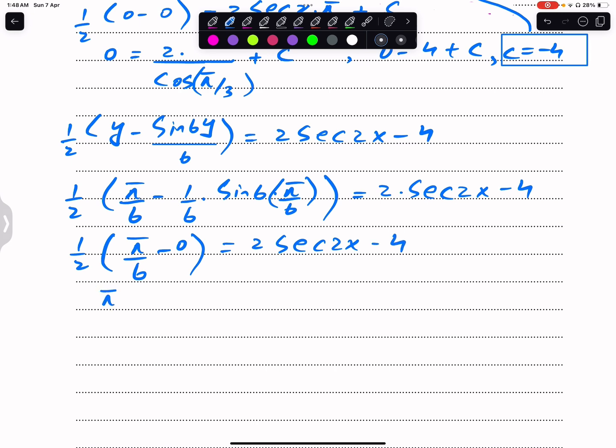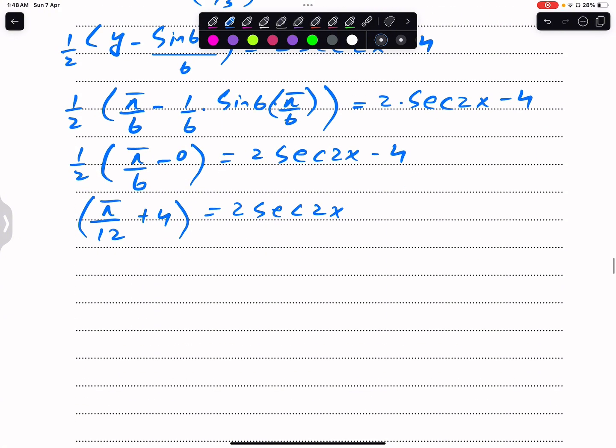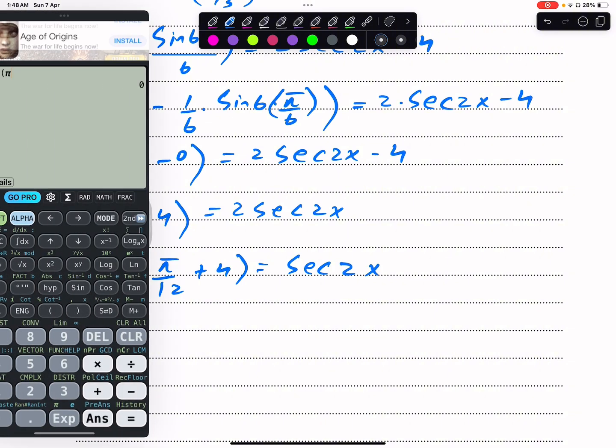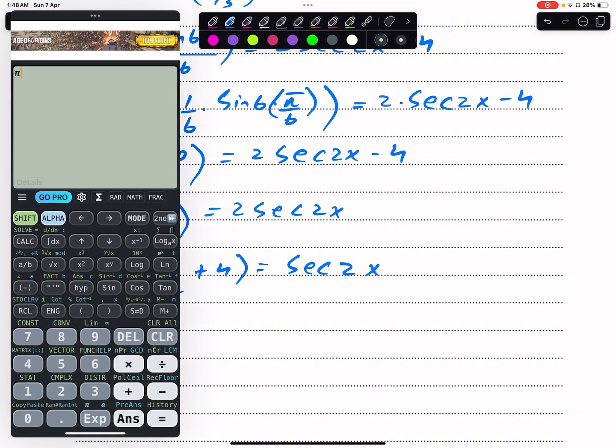So this will be pi by 12 plus 4 is equal to 2 sec 2x. So divide it on the other side. So pi by 12 plus 4 is equal to sec 2x. So this will be pi divided by 24 plus 4 over 2, that is simply 2.